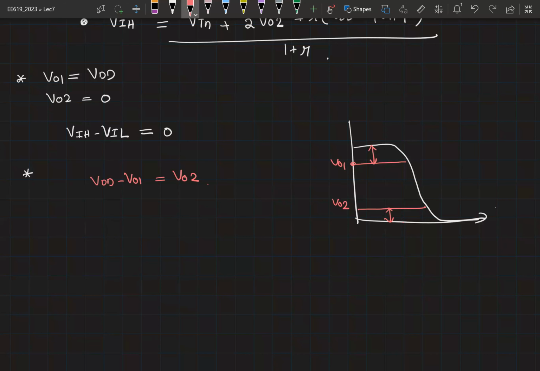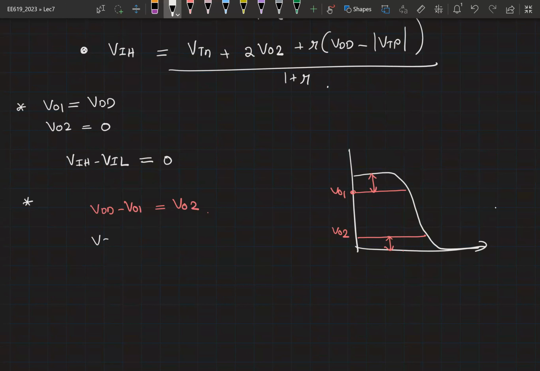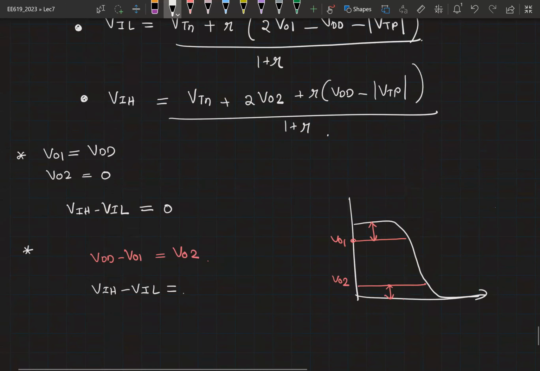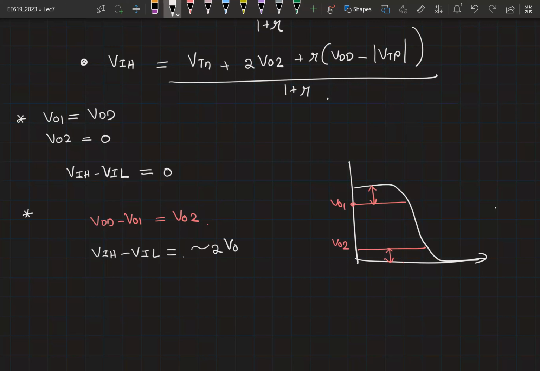Can you substitute this and then tell me what is VIH minus VIL? You should get this as equal to twice of VO2.